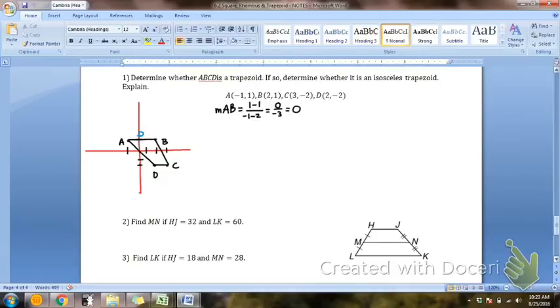Let's find the slope of which one should be parallel to AB. If AB is going to be a base, which it kind of looks like, which one should be parallel to AB? CD.